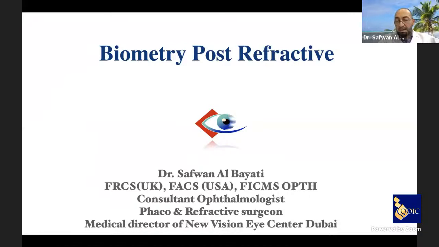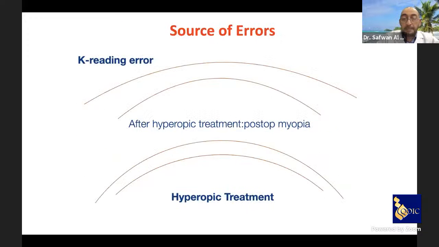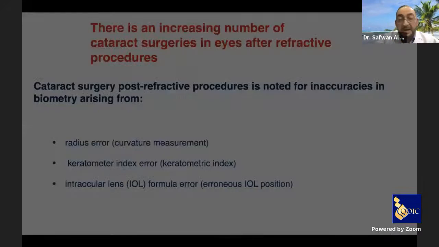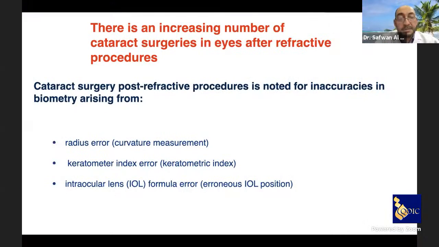I think that all of us agree that we have an increased number of cataract requirements after refractive procedures. Now, cataract surgery post-refractive procedure is noted for an increased number of biometry errors.